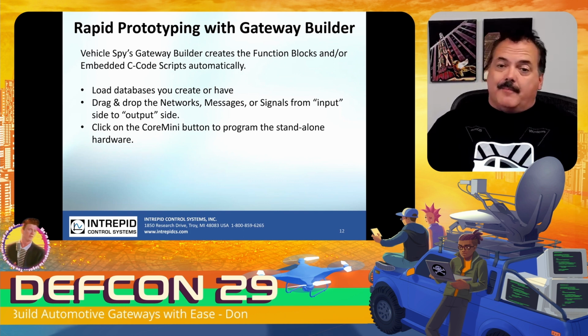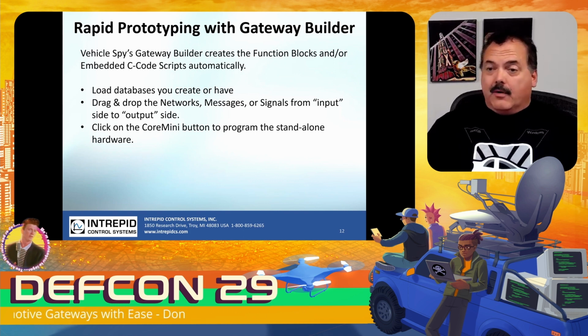Essentially, you start out by loading the databases that you create, or maybe some that you already have. And you drag and drop the networks or the messages or the signals from the input side to the output side.